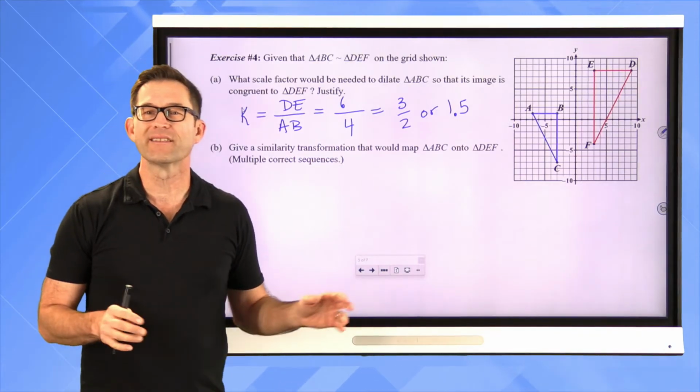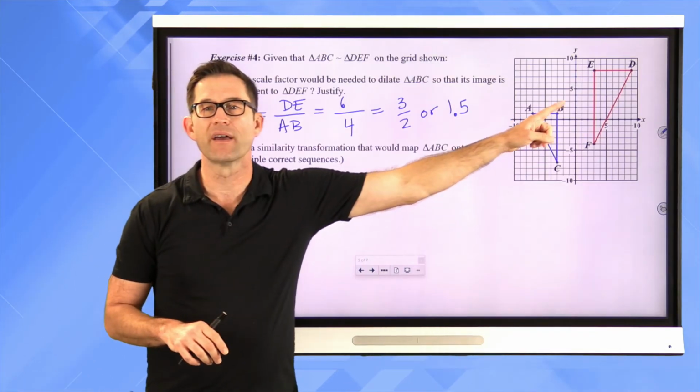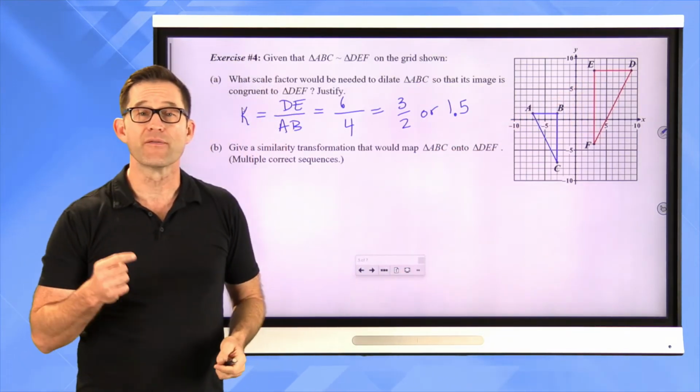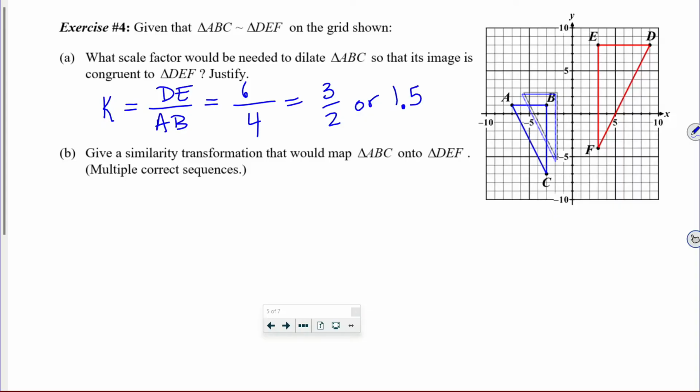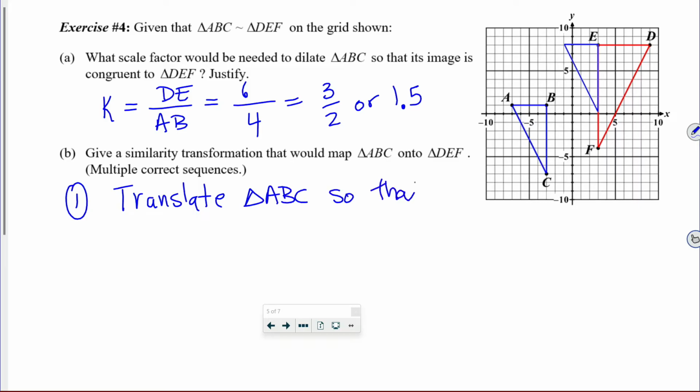All right, well, the way I like to think about this one is I really need this right angle to kind of overlap that right angle. So personally, the first thing I would do is I would use a translation to map point B to point E. And we could actually give that exact translation, or we could just say, translate triangle ABC so that point B maps to point E. All right, awesome.